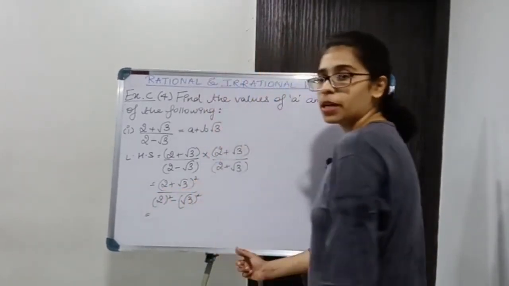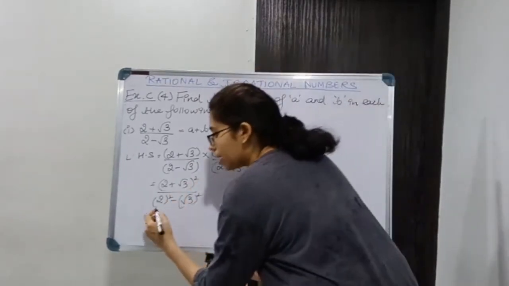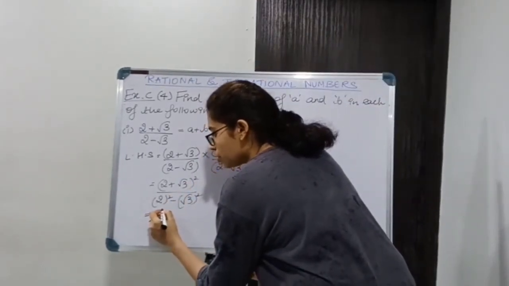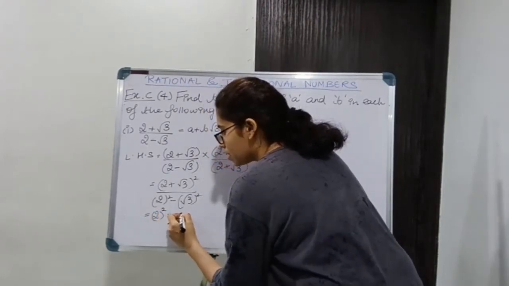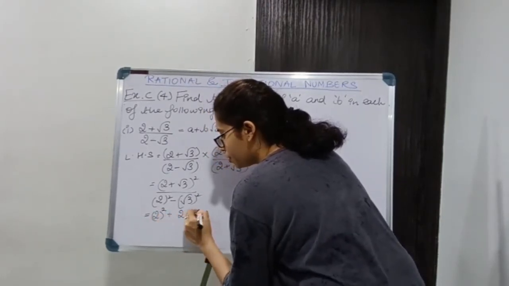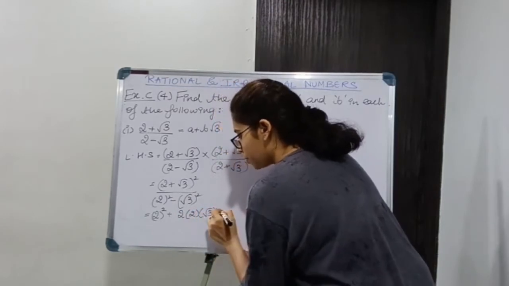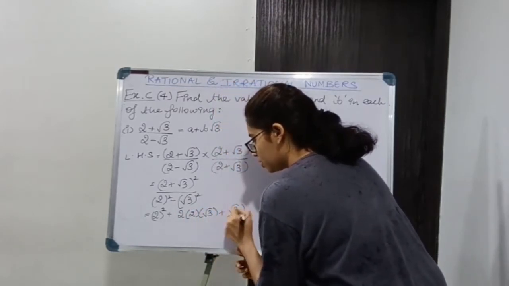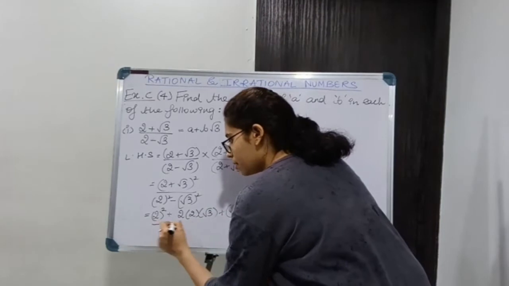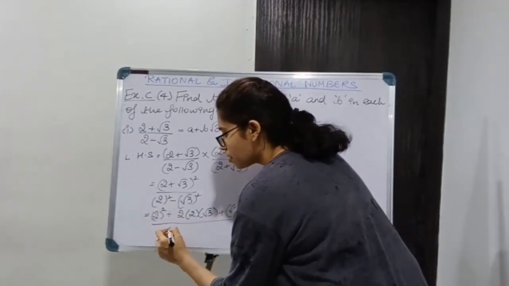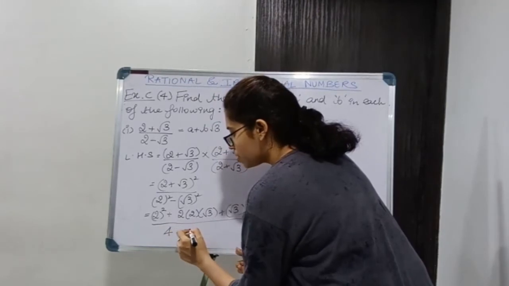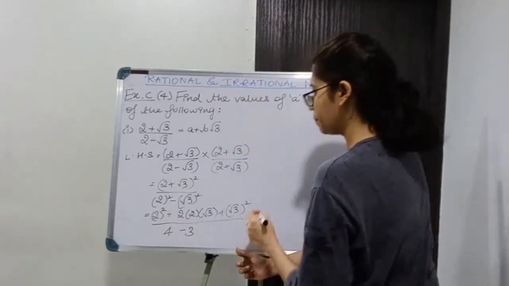This is of the form a plus b the whole square. We'll expand it. So it will be 2 square plus 2 into root 3 plus root 3 square upon 2 square gives 4 and root 3 square gives 3.